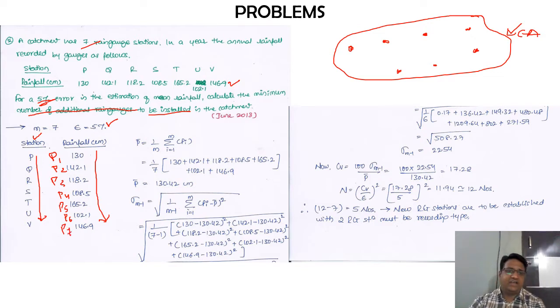Since we have 7 rain gauge stations, wherever this Pi is there in the formulas, the expansion will vary from P1, P2 up till P7. So this is how the formulas are going to expand for this particular problem.